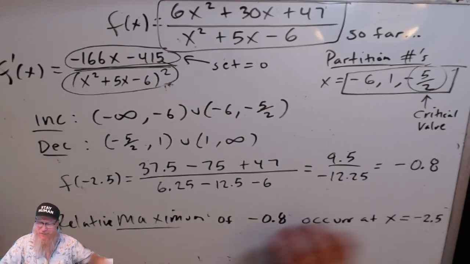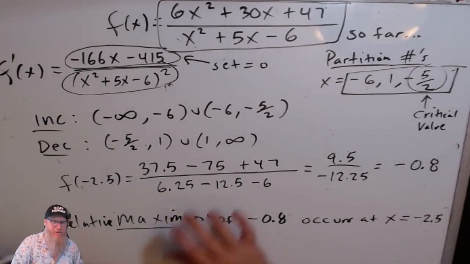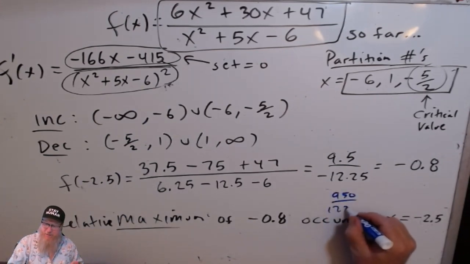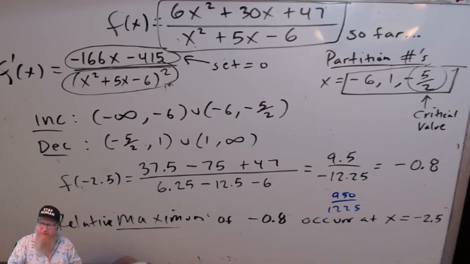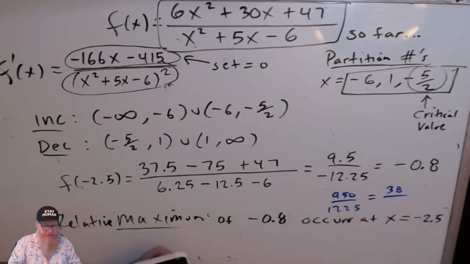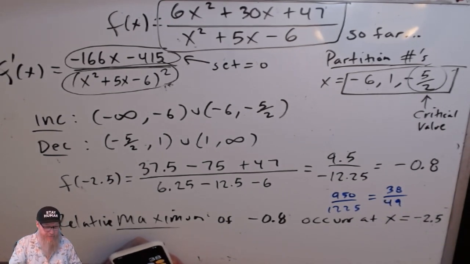I mean, I guess I could do something weird like this. I could say 950. Oh, I don't know why I'm doing this on camera. Over 1225. So let's divide that by 25. That's 38. I'm just moving the decimals over and trying to get a nicer answer. 1225 divided by 25 is 49. Is 38 divisible by 7?